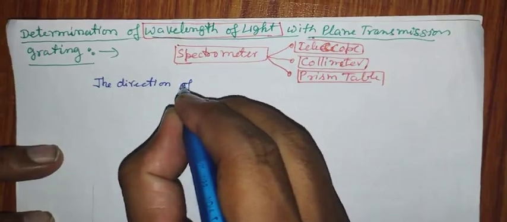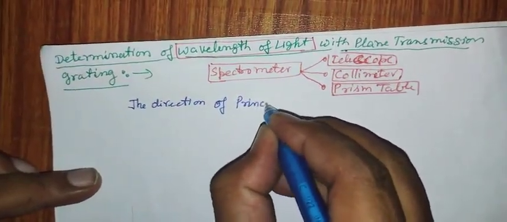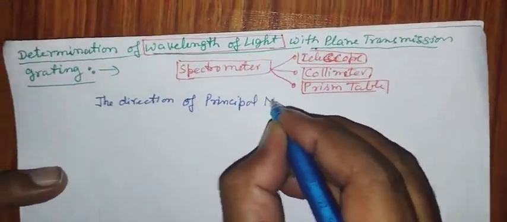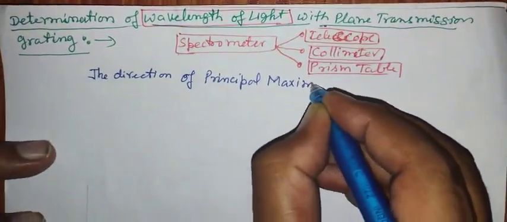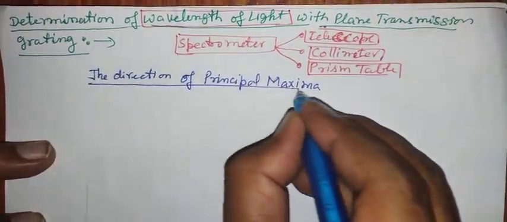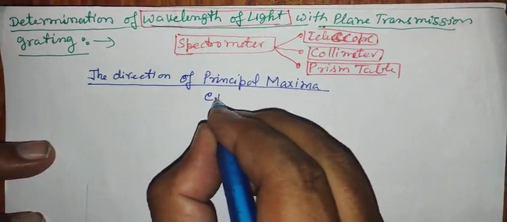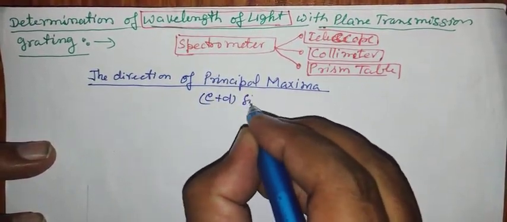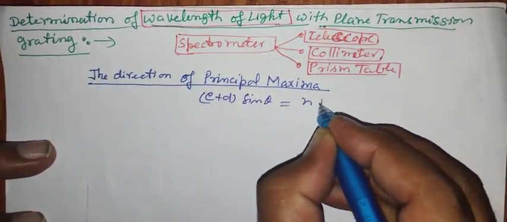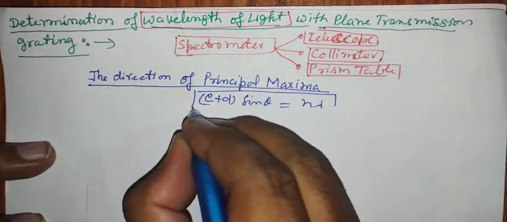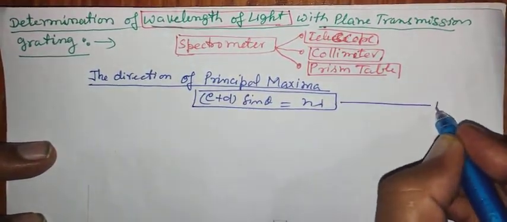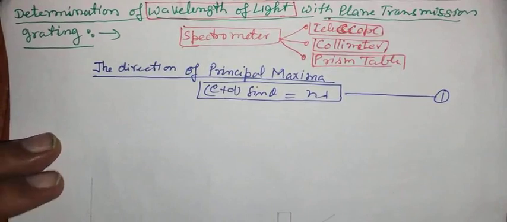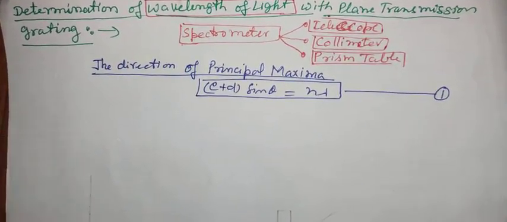The direction of principal maxima obtained in the case of a grating is given by the formula (e + d) sin theta = n lambda. This is represented by equation number 1.